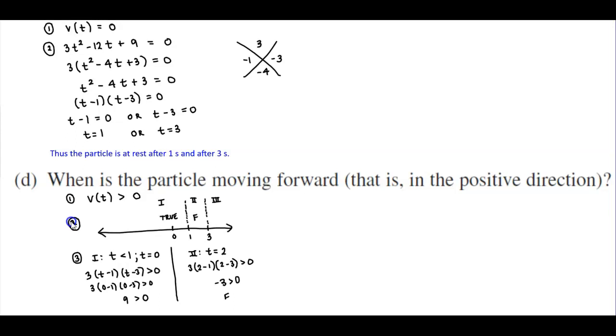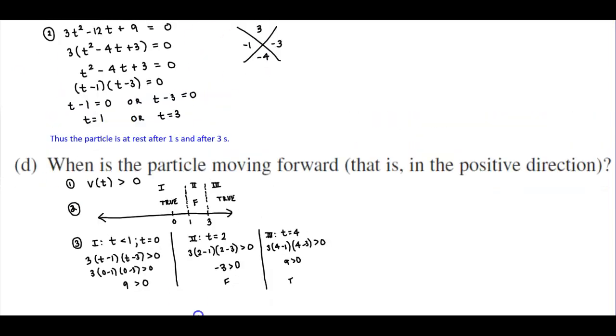So we know it's false for region 2. And for region 3, let's pick t equal to 4. We have 3 times 4 minus 1 times 4 minus 3. This also gives us 9, which is greater than 0. So therefore it is true here in region 3.